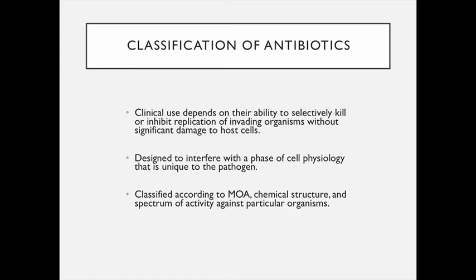That's what makes this different from what we're going to talk about in subsequent videos on anti-neoplastic agents. These are foreign cells, so they're built different and they have different markers. There are features that are unique to each of these bugs, and so the drugs are designed to interfere with a portion of the physiology of that pathogen, leaving the human cells ideally alone.